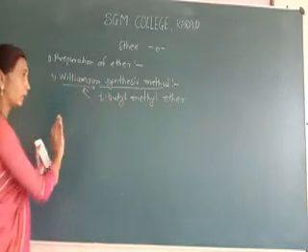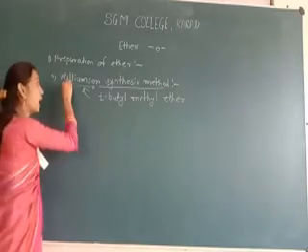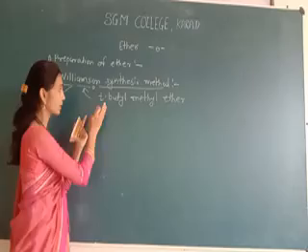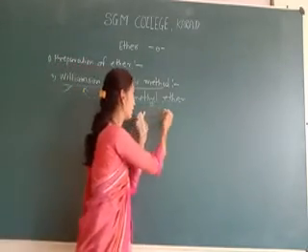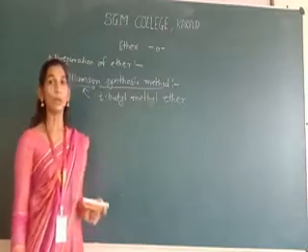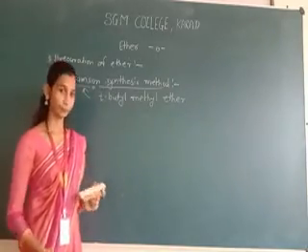How they ask we can't know, but both are the same. If they ask Williamson, then write this reaction. If they ask how to prepare the tertiary butyl ethyl ether, then also you will write this reaction.